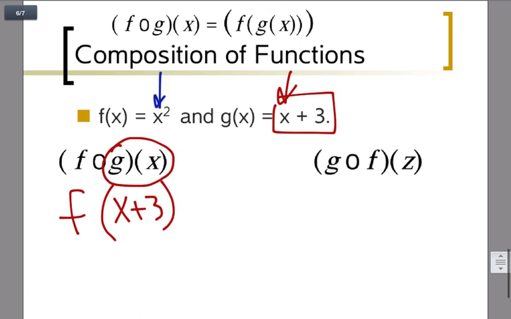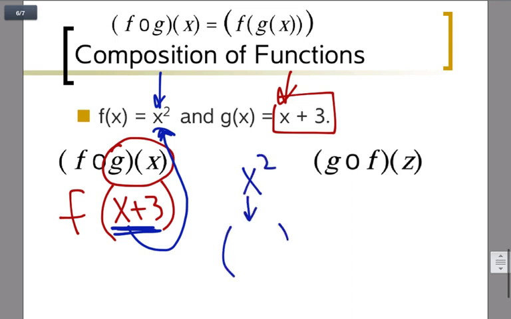Well, there's a variable right here in x squared, so you take x plus 3 and replace it where the x was. Because there was an x squared, you need to rewrite it to be x plus 3 squared. And then simplify if possible.